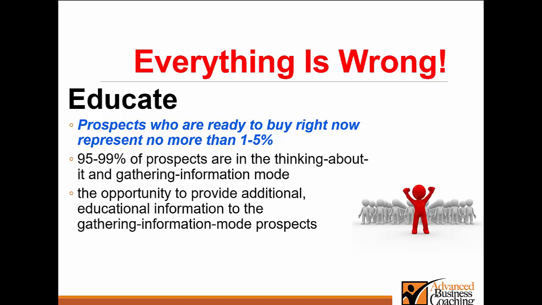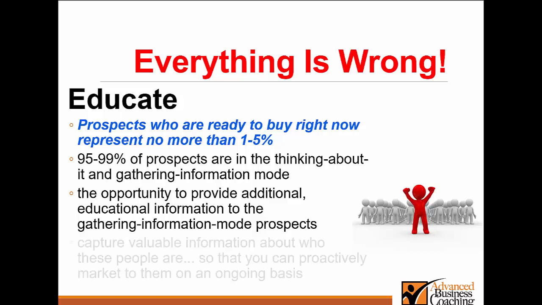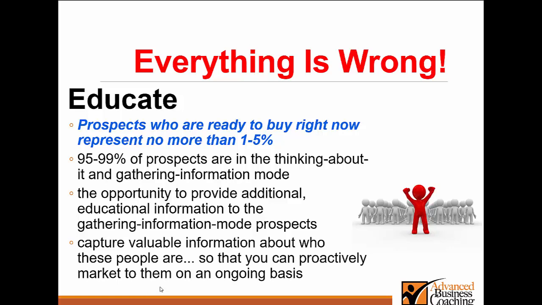The educational process provides the opportunity for all of us to provide additional educational information so that we can help them learn more about what is important in making a good and positive decision, and allows you to capture valuable information about who these people are so that you can proactively market to them on an ongoing basis.